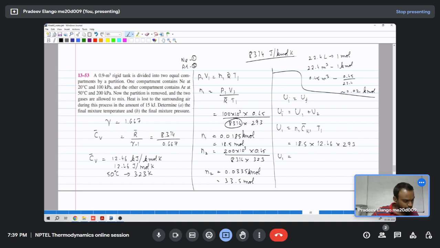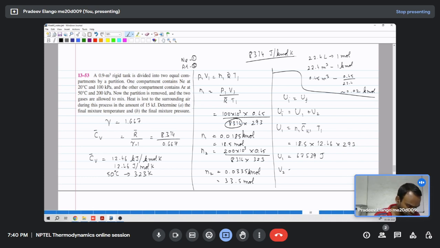So U1 can be calculated. That is 67,539 joules.